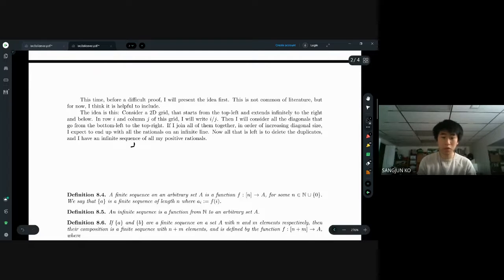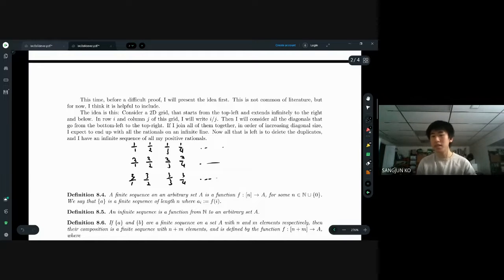So I'm going to write 1 over 1 here, 1 over 2, 1 over 3, 1 over 4, and dot dot dot. Now 2 over 1, 2 over 2, 2 over 3, 2 over 4, then 3 over 1, 3 over 2, 3 over 3, 3 over 4.